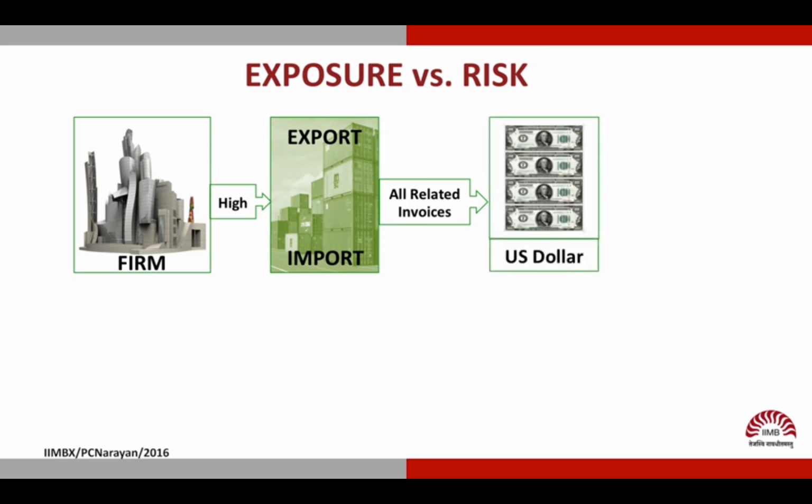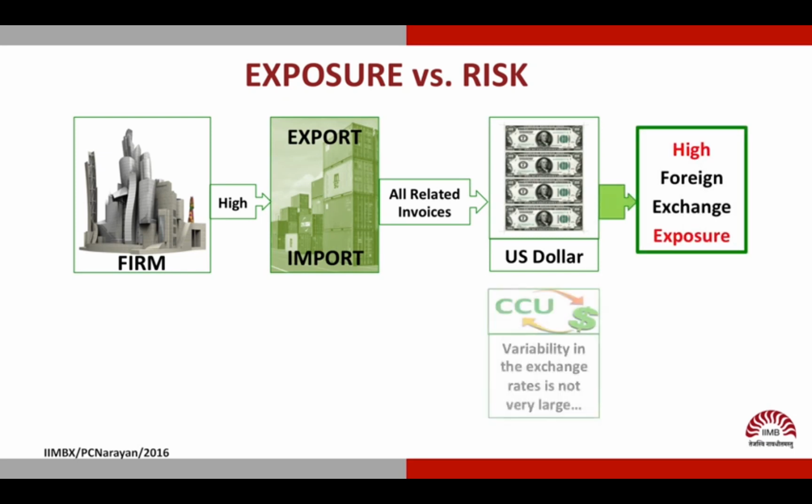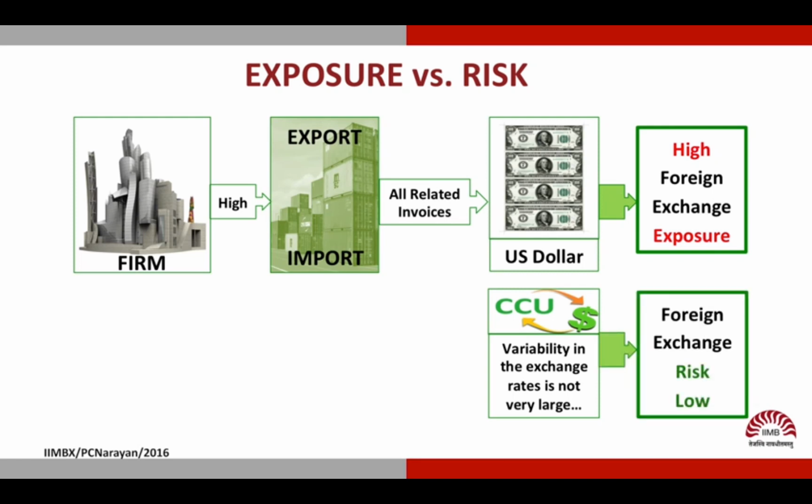Hence, it has a very high level of foreign exchange exposure. However, if the variability in the exchange rate between the currency of invoice, in this case the US dollar, and the domestic currency of the firm is not very large, then implicitly the foreign exchange risk is low.